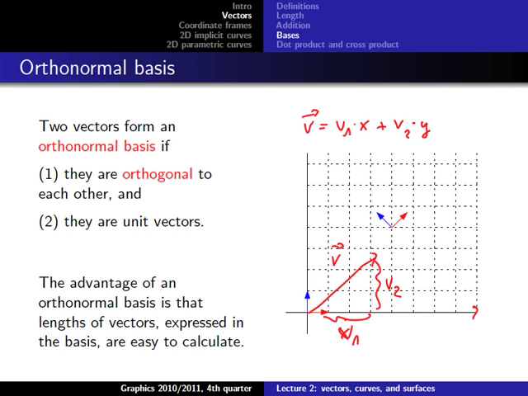So we really see here that this is very easy to describe. Good, and this is called then the Cartesian coordinate system that I mentioned earlier.